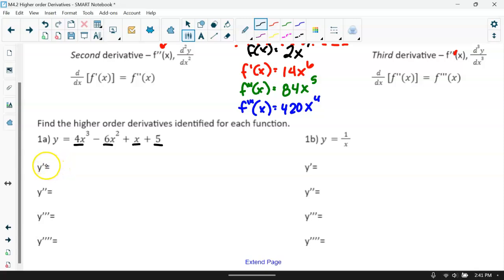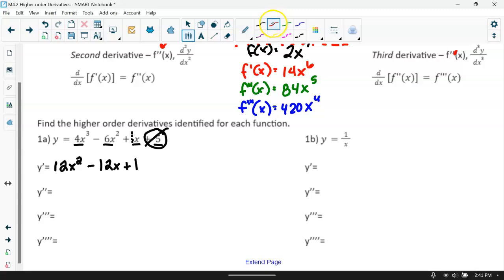The first derivative is 12x squared, using our power rule, minus 12x, plus 1, because the derivative of our constant is 0 and it goes away. Remember, we're just taking that coefficient of x, which is 1.